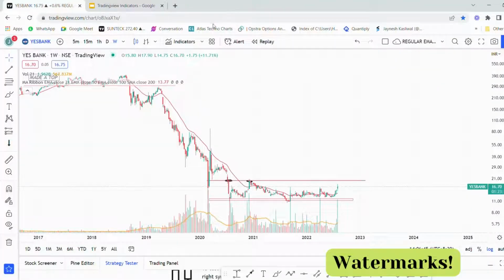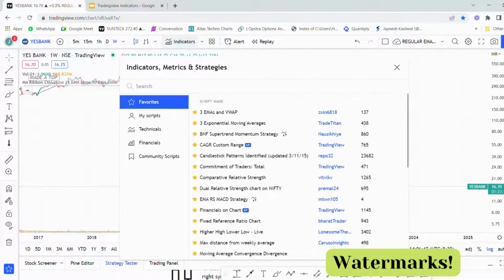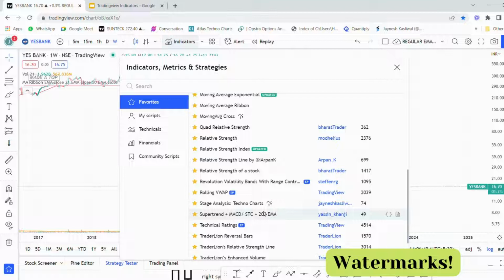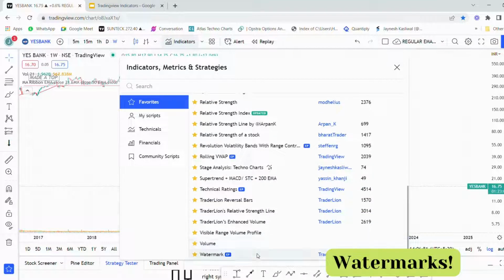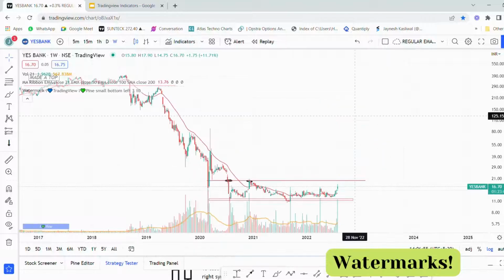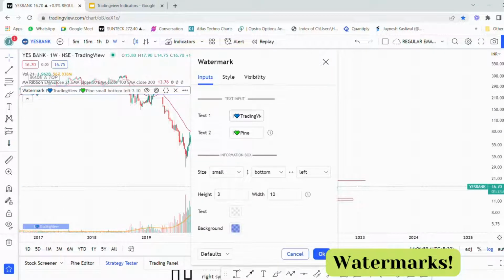Now let us check how it works. I'll go here, and there's an indicator by TradingView known as watermark, and I will click here. Once I click on the watermark, you will see there are settings. I can type two texts on this. I will type here Techno Charts firstly, let's say.